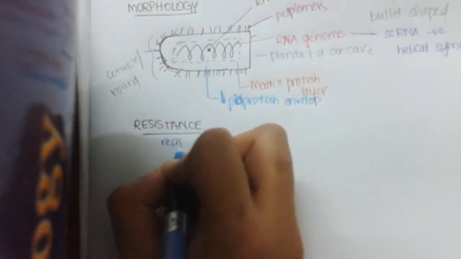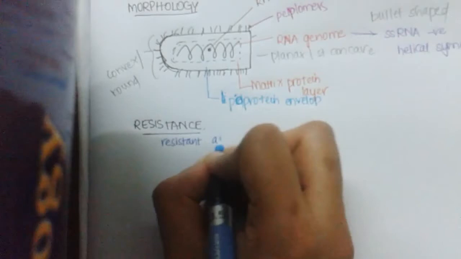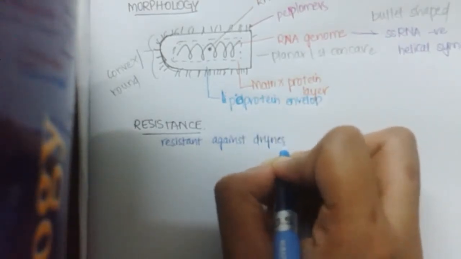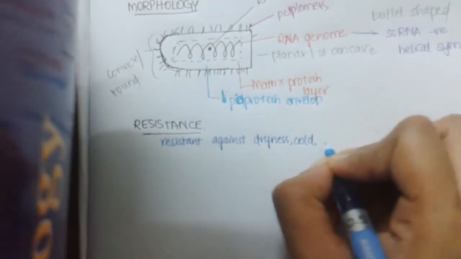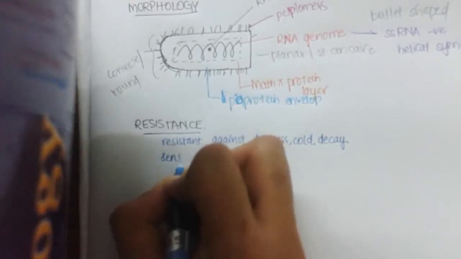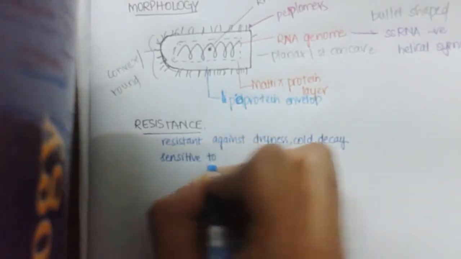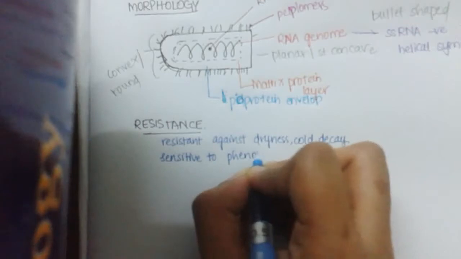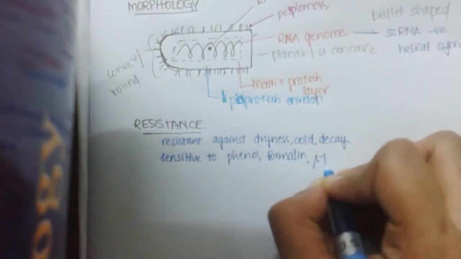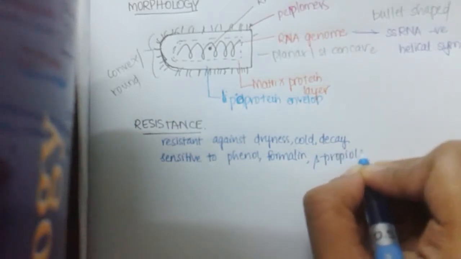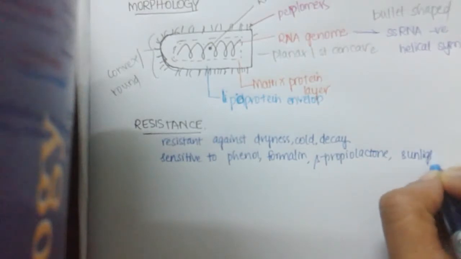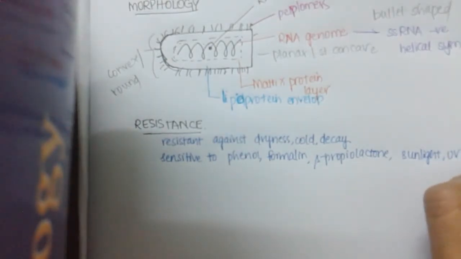This rabies virus is resistant against dryness, cold, and decay, and it is sensitive to phenol, formalin, beta propiolactone, sunlight, and UV light.